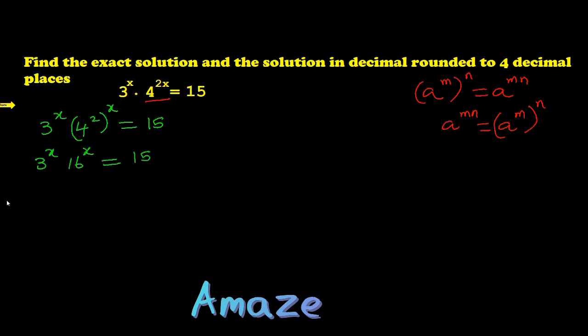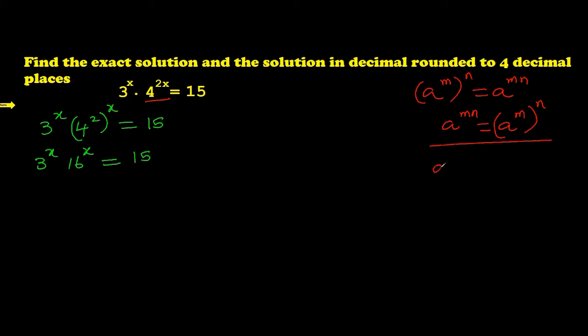Now, again using another property, the distributive property: whenever a power m times b power m, the bases are different but the indices are the same, which can be written using a single index like this: ab the whole power n.